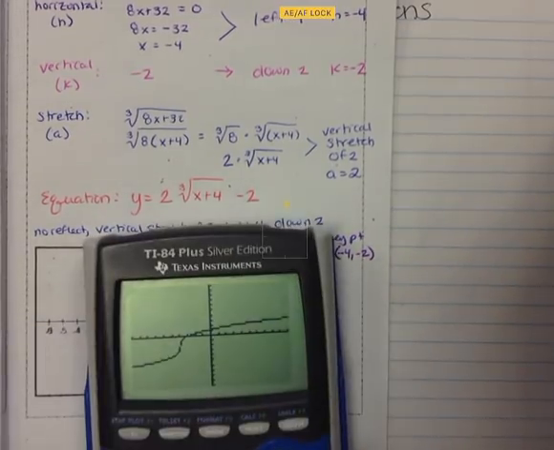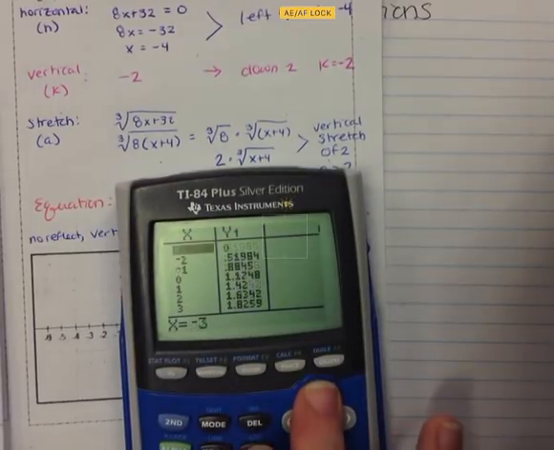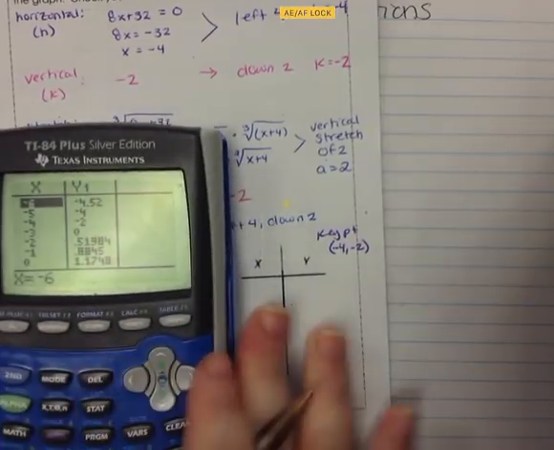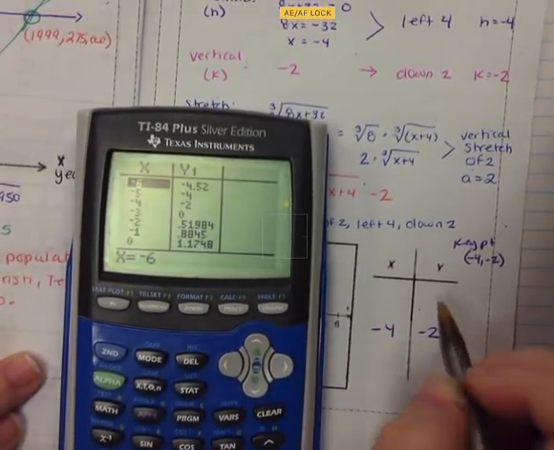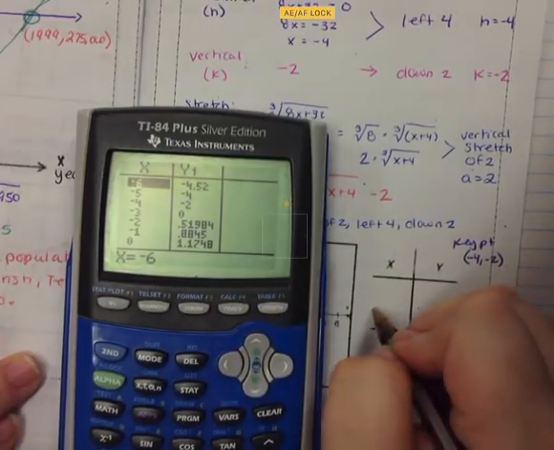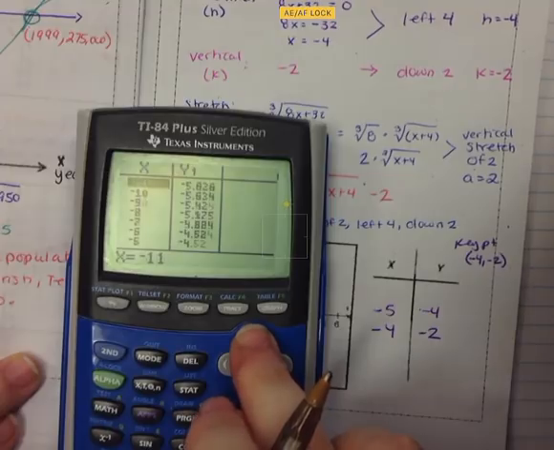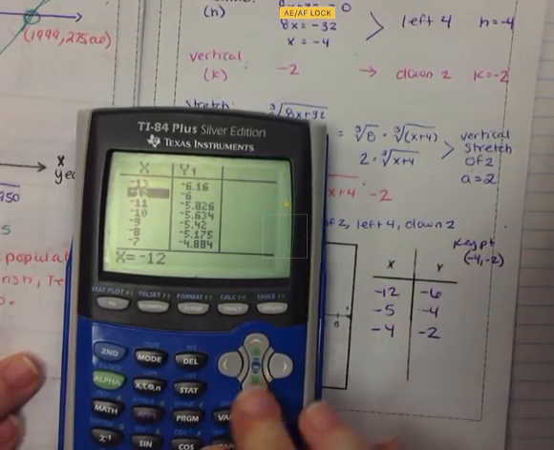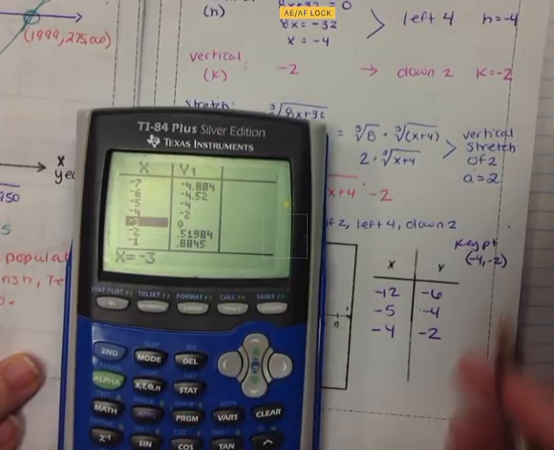And then we would go find the rest of our coordinates. So negative 4, negative 2. Negative 4, negative 2 is right there. So that will go in the middle since it's a cube root. Negative 4, negative 2. And then we would have negative 5, negative 4. Negative 12, negative 6. And then going the other way, going back to negative 4, negative 2, I'd also have negative 3, 0.